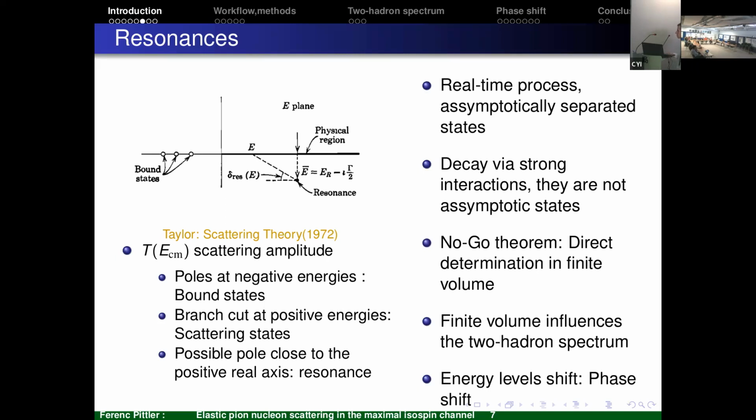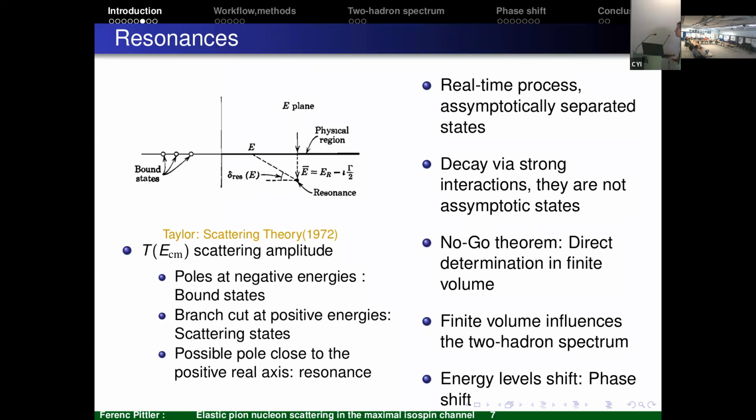If the scattering amplitude has poles at negative real energies, then the potential has some bound states. If it has a branch cut at positive energies, this will be the scattering state. And in the case of a pole below the positive real axis, this will be the resonance.